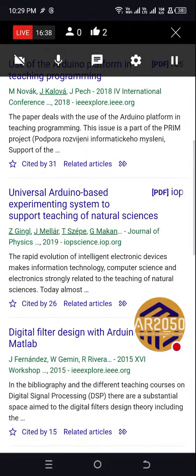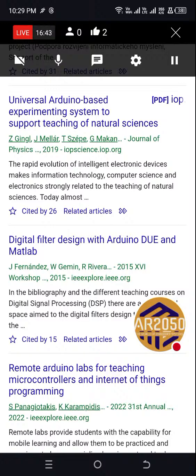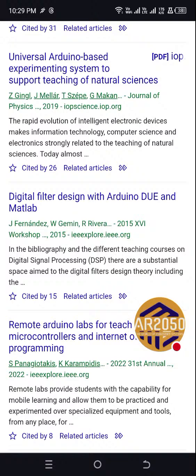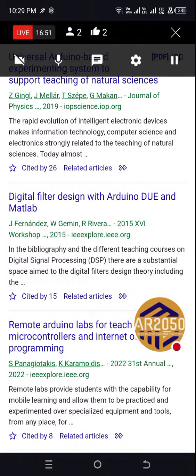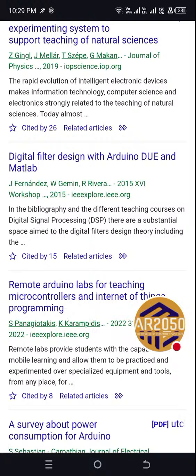Moving on, Universal Arduino based experimental system to support teaching for natural sciences, digital filter design with Arduino Due and MATLAB. Arduino Due is also a good platform. I don't get very much chance to build a lot of projects with Arduino Due. Maybe some little bit of audio processing tasks. When the Arduino Due newly came in, it had a higher resolution ADC than the Arduino UNO.